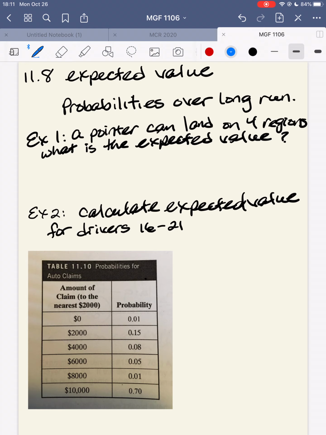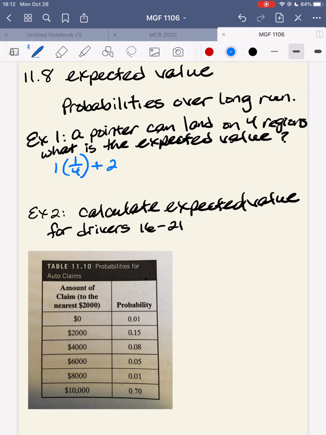Example 1, a pointer can land on 4 regions. What is the expected value? Okay, so assuming each of those 4 regions are independent, that means the probability for each region is 1 over 4. Which means if it lands on 1, it has the probability of 1 over 4 of doing that.